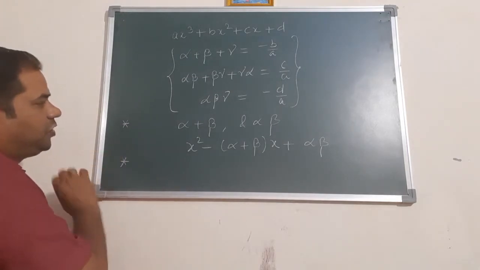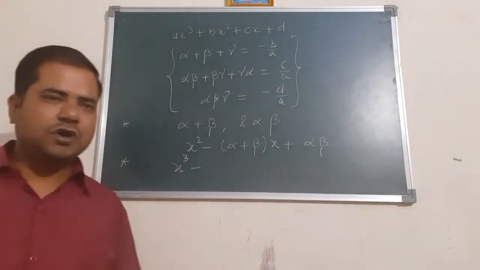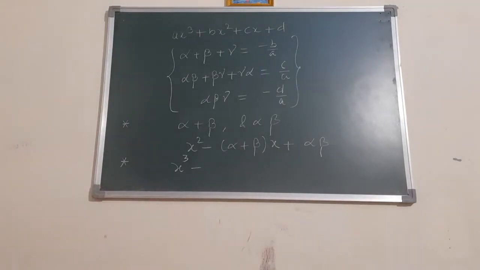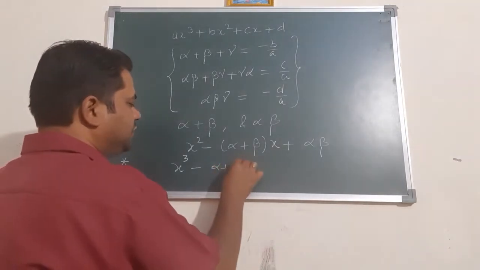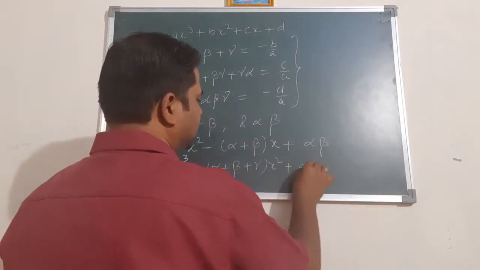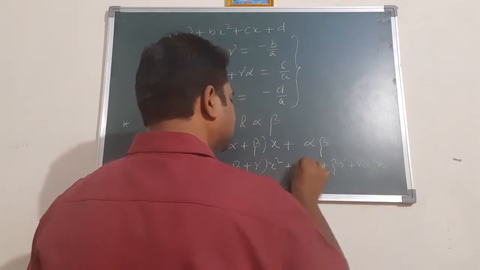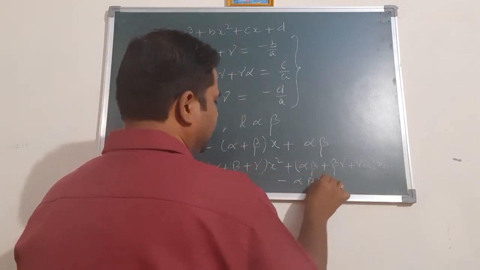Similarly, for a cubic polynomial, note it down first. x cube minus alpha plus beta plus gamma times x square, plus alpha beta plus beta gamma plus gamma alpha times x, minus alpha beta gamma.